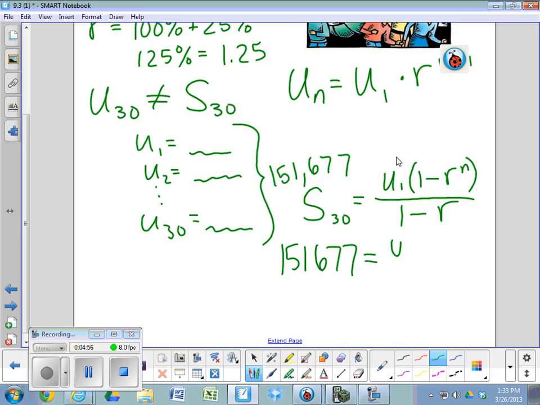This is our unknown. 1 minus, what's our R? Yes, 1.25. How many days has it been? 30 days of living with this beast in town. Oh, no. And what's on the bottom? 1 minus 1.25, which does calculate to negative 0.25.